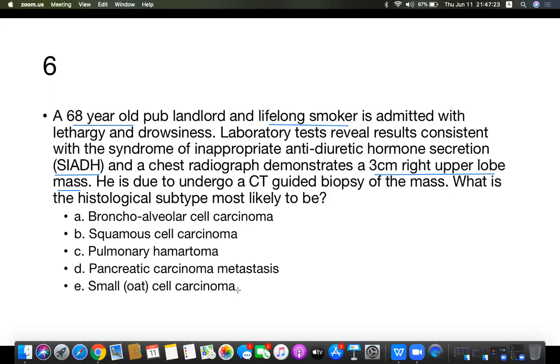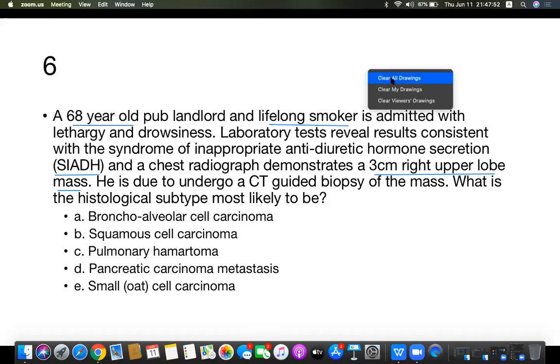Now, one important question that comes in your mind is why so? If we go into the detail of small cell or oat cell carcinoma, if we examine by electron microscope, they have certain granules inside them. Those are called neuroendocrine granules, and they are the source of all these paraneoplastic syndromes. So this is small cell or oat cell carcinoma.